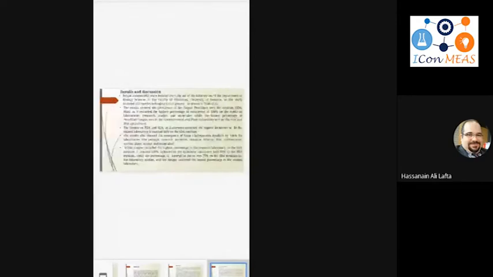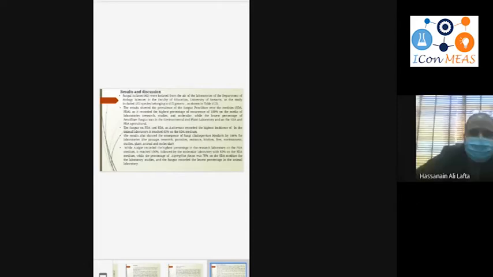Results and discussion. 162 fungal isolates were isolated from the air of the laboratories of the Department of Biology, in the Faculty of Education, University of Samarra, as the study included 25 species belonging to 15 genera as shown in Tables 1 and 2.